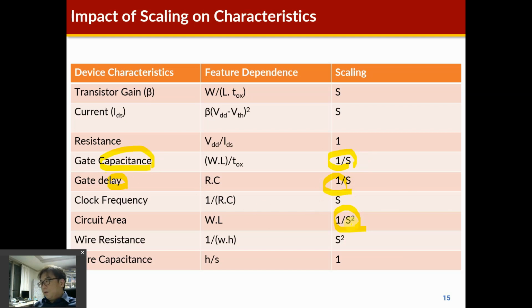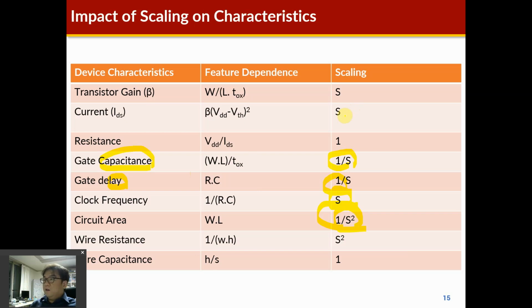Also, the good thing is the circuit area. If the scaling is done by S, then circuit area becomes 1 over S squared. We can also increase the clock frequency by S because the circuit works faster. Delay is reduced, so the circuit runs faster.